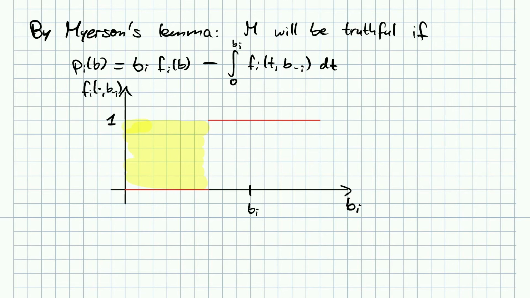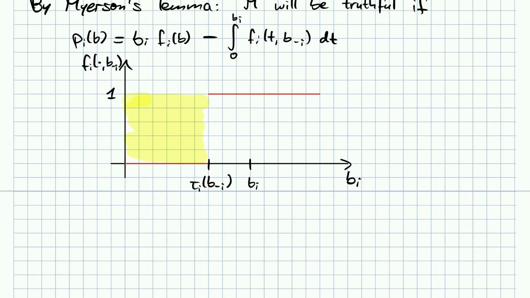And how is this point here called? This is exactly tau_i(b_-i). Good. If you prefer, you can also do this from the integral equation. You will get to the exact same point, namely that the payment will be b_i times f_i(b) minus this integral.